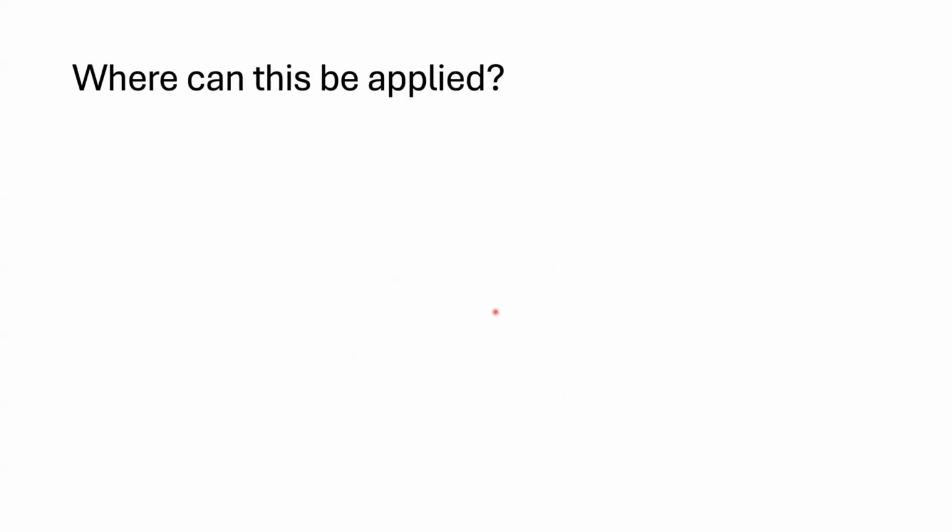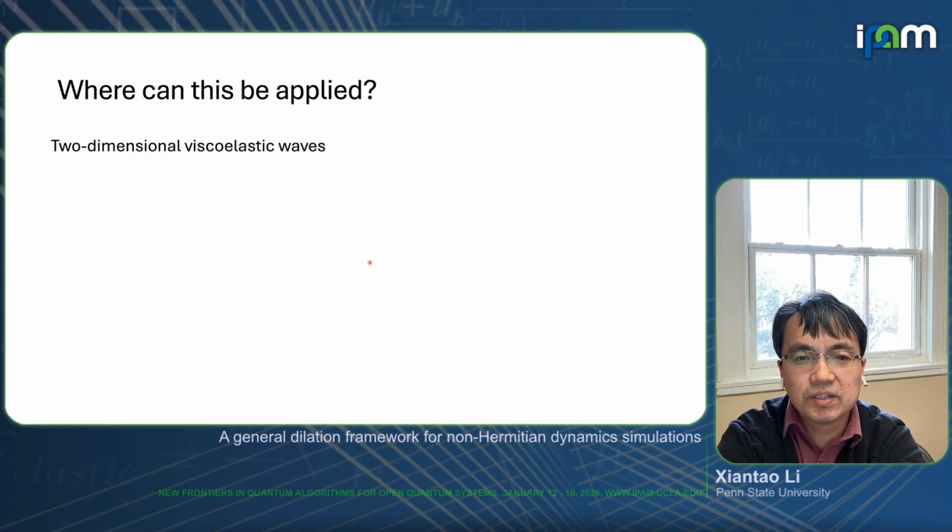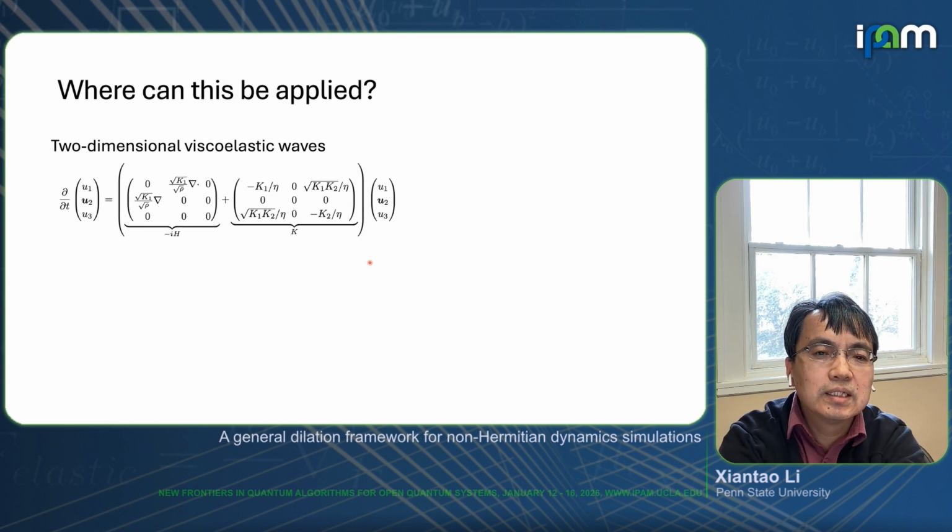Now, can we apply this to some application? Now, I came from applied math, so the first thing that we think about is wave equations. And so the application that we actually considered is viscoelastic waves. So this is a two-dimensional PDE, right? This is the divergence, and this is the gradient.